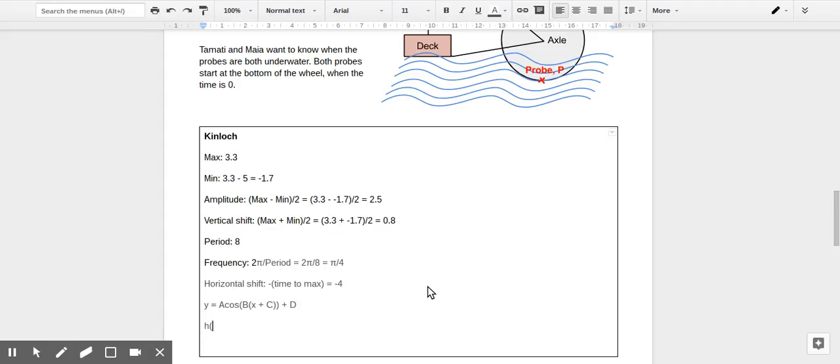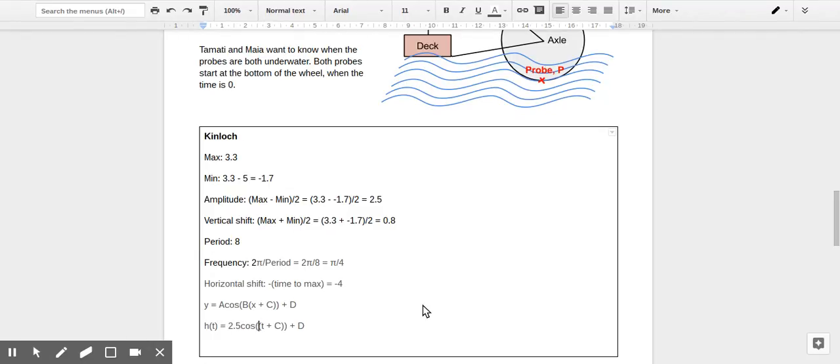In this case, I'm going to look at it as the height of the function over time, so you've got a cos b, and then instead of x, we've got t plus c, plus d. Instead of our a, we have our amplitude of 2.5.